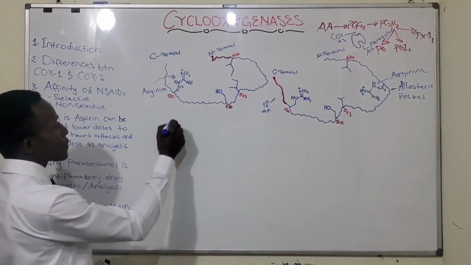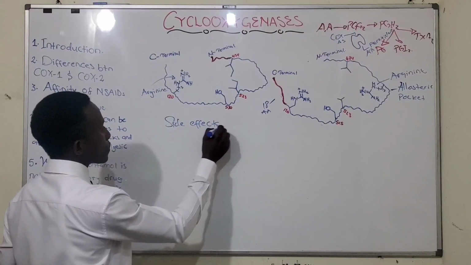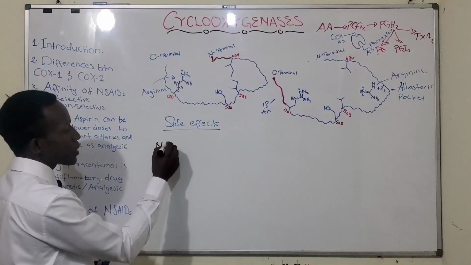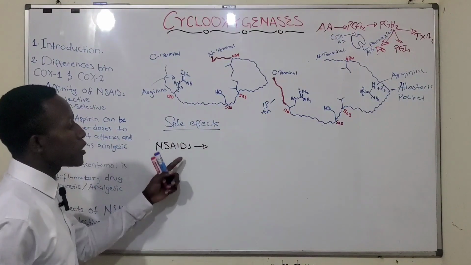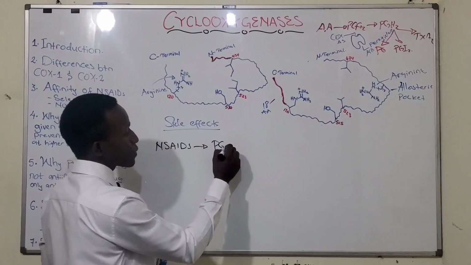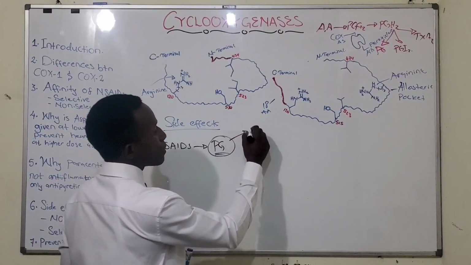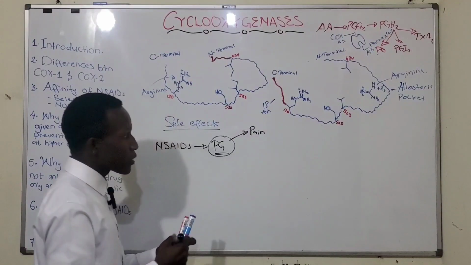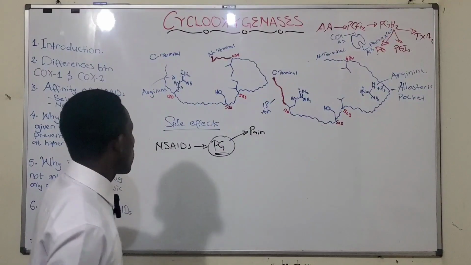For the side effects, remember that NSAIDs, as we have said, inhibit the prostaglandin production. These prostaglandins, remember, are pain mediators and inflammatory mediators. So they can increase the pain sensation.